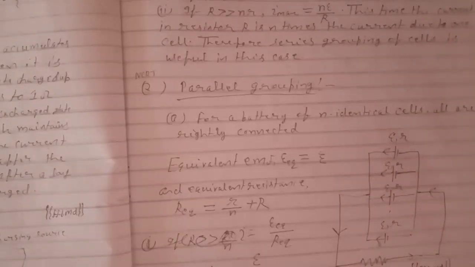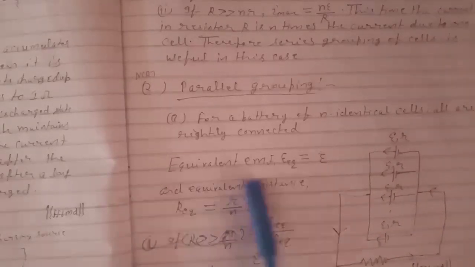Now if we replace this whole arrangement with a single cell of EMF E and resistance R by N, and this will be the equivalent resistance of the whole arrangement.